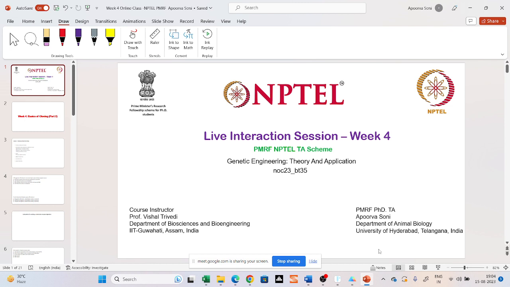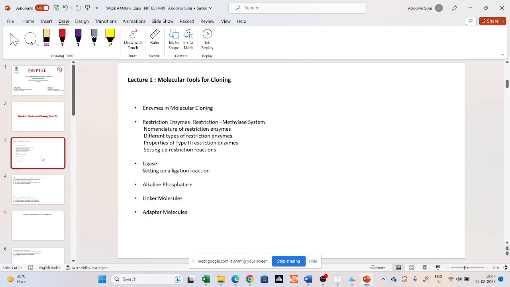So today we'll be doing some questions about week 4, that is basics of cloning. In week 4, in lecture 1, we first studied the molecular tools for cloning.